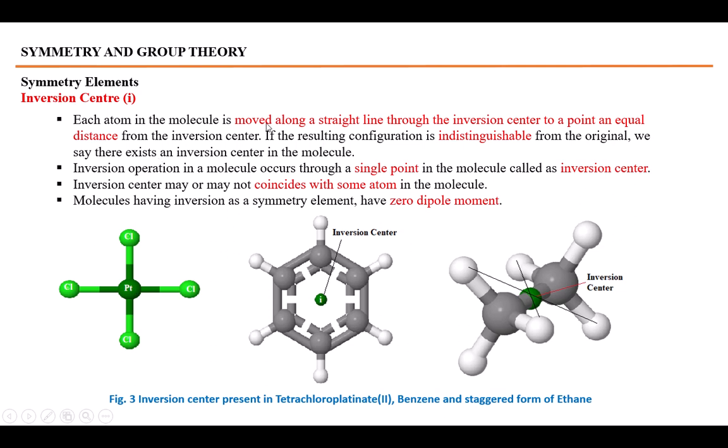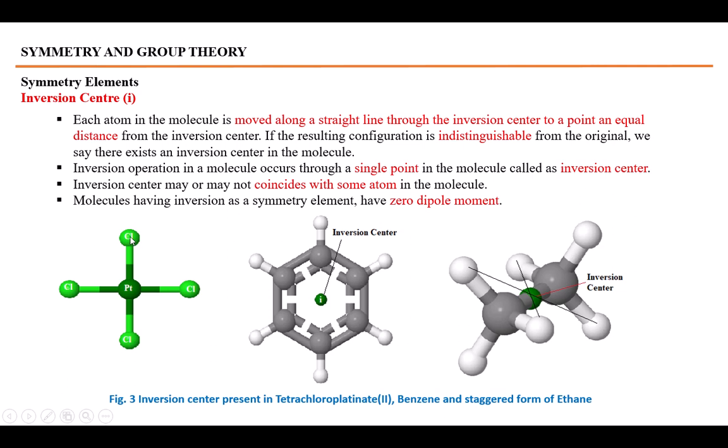He is saying that if each atom in a molecule is moved along a straight line through the inversion center to a point an equal distance from the inversion center, and the resulting configuration is indistinguishable from the original, we say there exists an inversion center in the molecule.